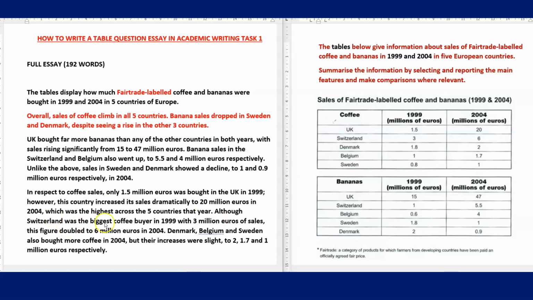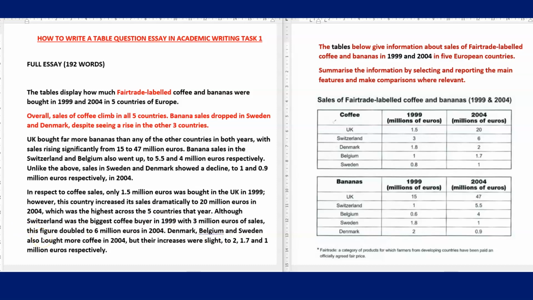Although Switzerland was the biggest coffee buyer in 1999 with 3 million euros of sales, this figure doubled to 6 million euros in 2004. Denmark, Belgium, and Sweden also bought more coffee in 2004, but their increases were slight to 2, 1.7, and 1 million euros respectively.